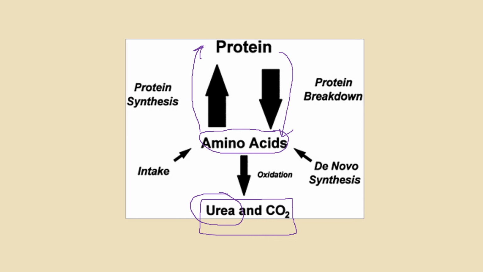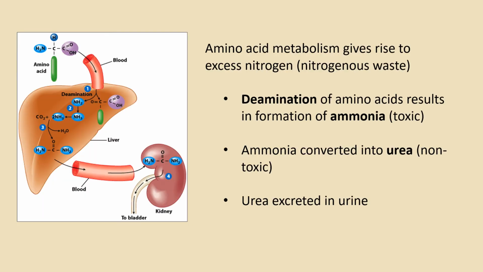Urea, urinary system. That's not a coincidence. Urea is a component of urine. And it's how our body gets rid of this excess nitrogen that is the product of amino acid metabolism, which is technically protein metabolism. So let's take a look at what's going on here in the liver.